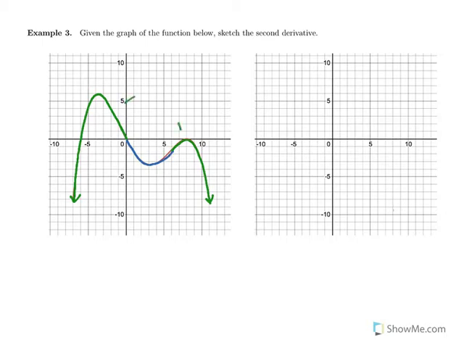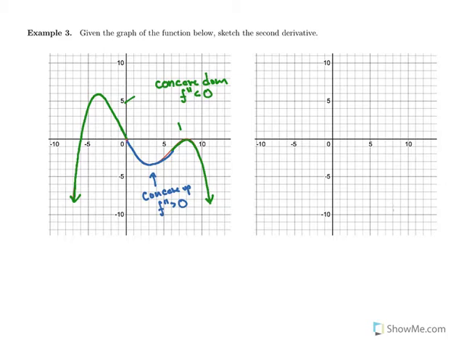So the green lines here are going to be concave down. That means that the second derivative is negative. This blue line here is concave up, and that's going to be that the second derivative is positive.